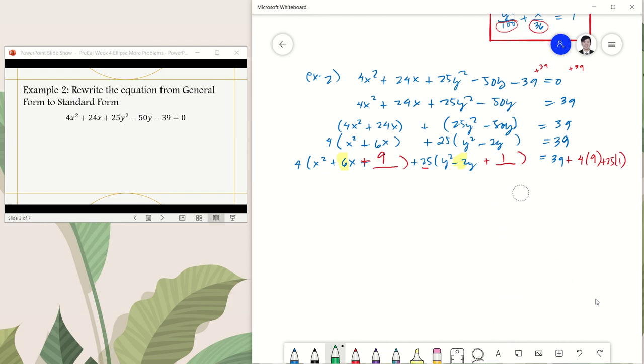So, as I said, this is already factorable. So, 4 times quantity of x plus 3 quantity squared. Kasi, square root of x squared is x, then square root of 9 is 3. Then, plus kasi, plus 6x ito. So, plus. And then, dito naman, this is also factorable by dots.